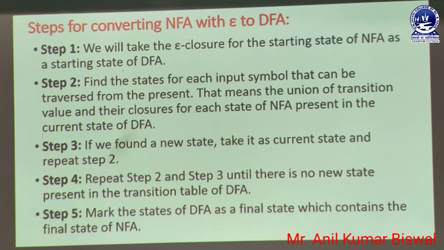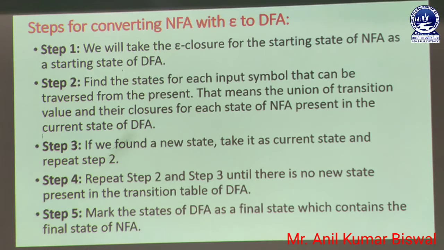In the next part, we are going to discuss examples related to our topic. It's the most important thing required for converting an NFA to a DFA, but that NFA must contain epsilon, which is new for this concept, because in the previous class we already discussed how to convert NFA to DFA.